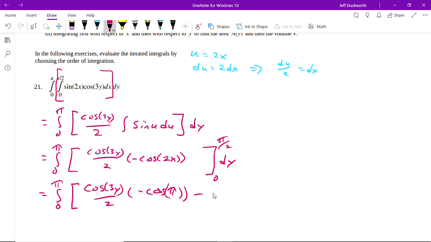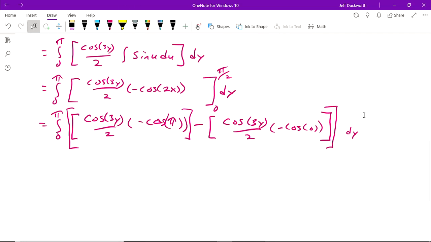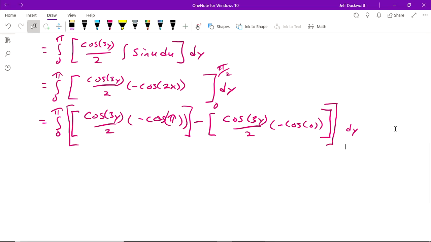And that's going to be minus cosine of 3y over 2 times negative cosine of 0. And then let's make another bigger bracket, and we'll do dy. All right, so this should clean up pretty quickly and easily.